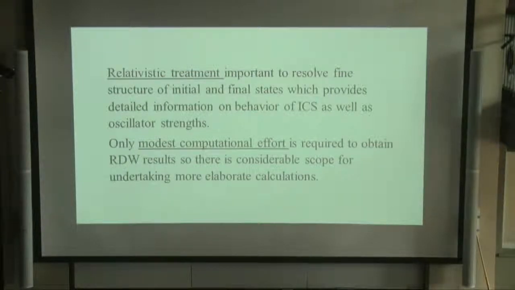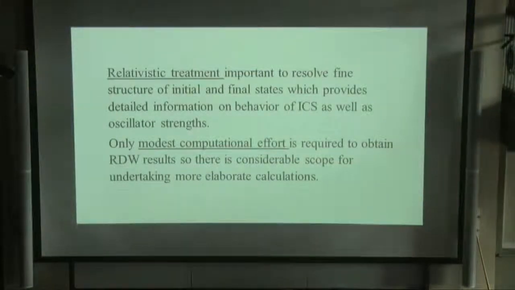So if you want to do 10 transitions or 32 transitions, whatever, it's going to take you longer. But again, it's not all that difficult to do. So there's considerable scope for undertaking more elaborate calculations here, either in the bound state or in the distorted wave, if you want to do anything more elaborate than what we've got.